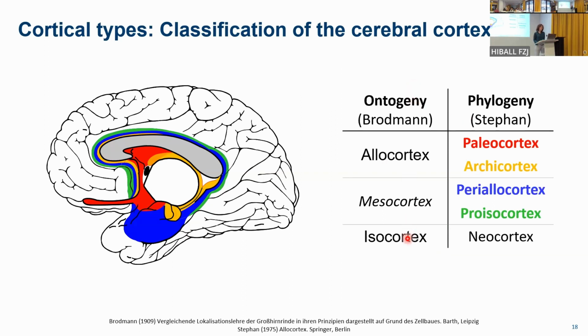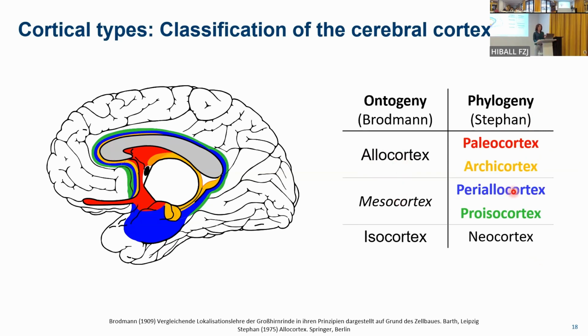And if we also want to look at types of cortex that can be identified based on the analysis of different animal species, then we've got the phylogenetic classification of cortical types. Here we've got paleocortex, which is by far the oldest one, okay? Then we've got archicortex. These two phylogenetic cortical types belong to the allocortex.